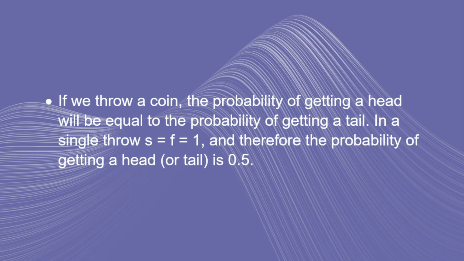If we throw a coin, the probability of getting a head will be equal to the probability of getting a tail. In a single throw, S equals 1 and F equals 1, and therefore the probability of getting a head or tail is 0.5.